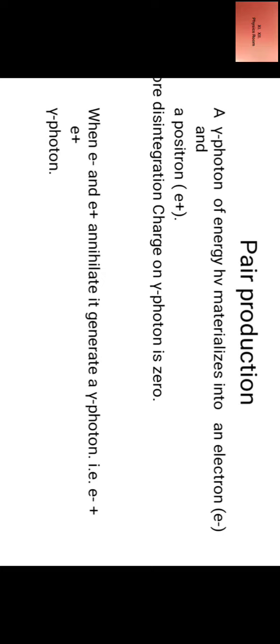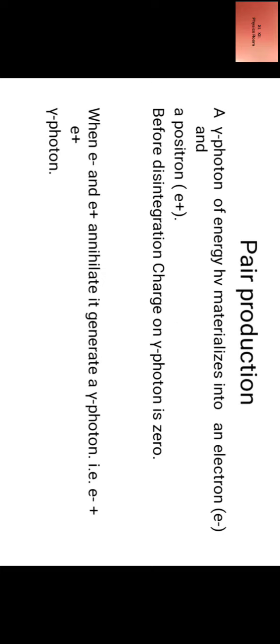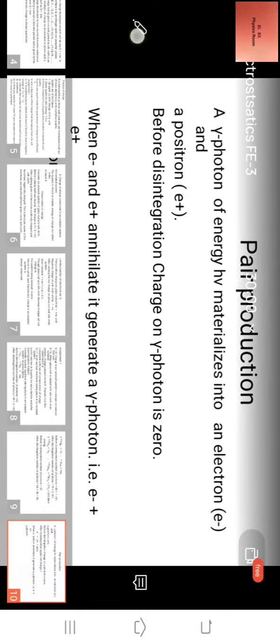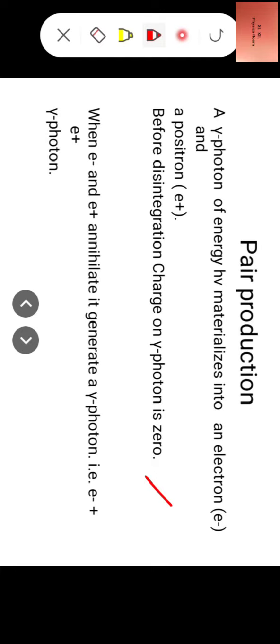Before disintegration, the charge on the gamma photon is 0. When e- and e+ annihilate, they generate a gamma photon, that is, e- plus e+ is equal to a gamma photon.